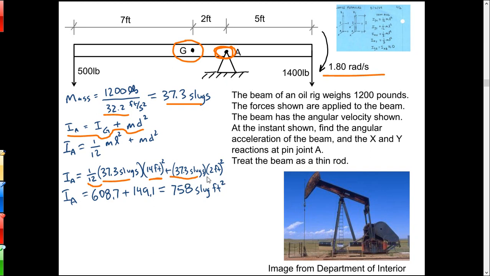So I use the mass times the offset distance, the 2 feet squared. And I add those together and I get the moment of inertia of that thing about point A. So this is how hard it would be. It gets us an indication of how hard it is to make that thing spin about A, is the idea here. Okay.